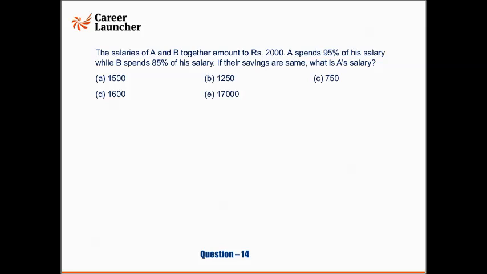So I show you like this. 5, because he spent 95%, so 5% will be his savings. Correct. And B spends 85%, that is B saves 15% of his salary. So you get the ratio, if you cancel it out, you will get 3:1. Okay, the ratio of A to B will be 3:1. Now you know the total sum of their salaries is 2000.